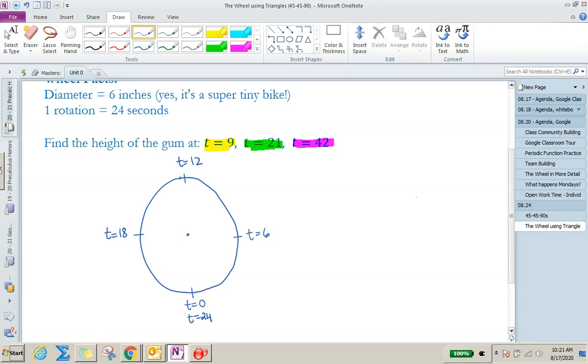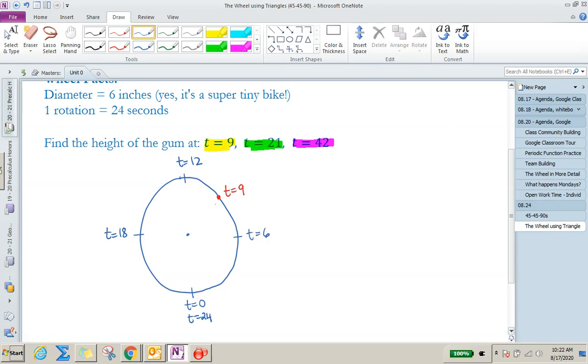Okay. Now we want to find the height of the gum at t equals 9. So t equals 9 is exactly halfway between t equals 6 and t equals 12. Here's t equals 9. All right, so we're going to draw a triangle.